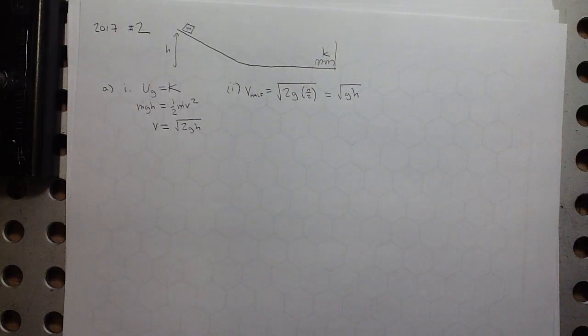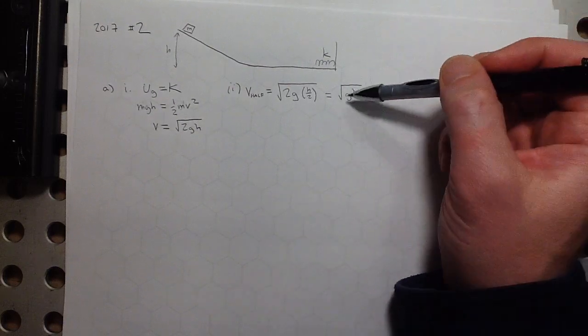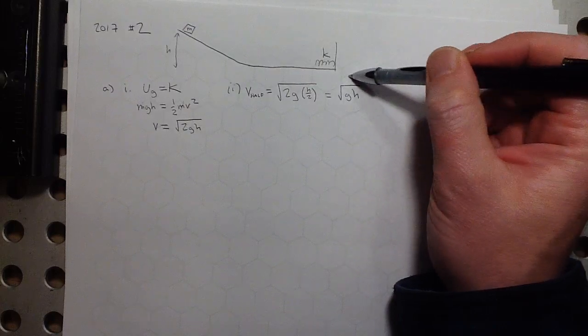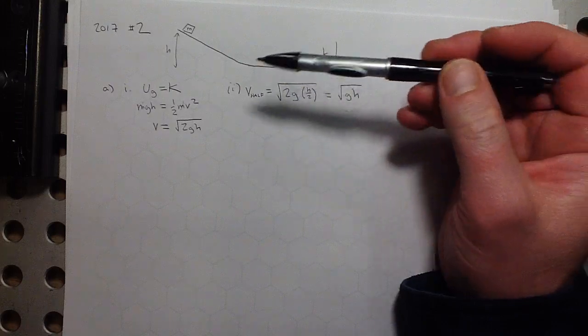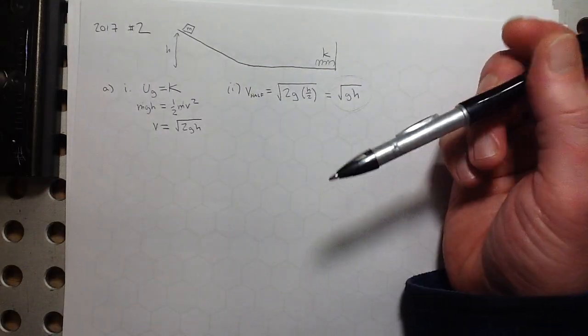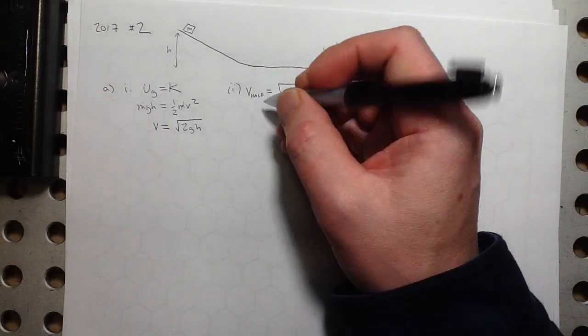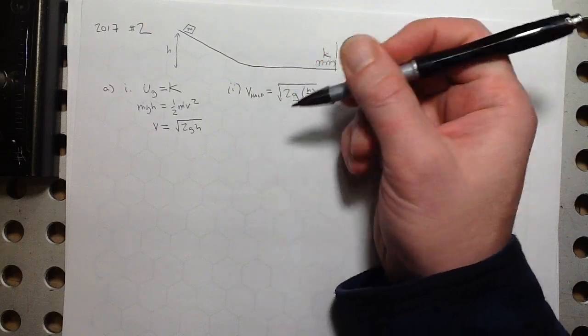So the question is, is the speed halfway down the incline greater than, less than, or equal to 1/2 the speed at the bottom? So is this greater than, less than, or equal to 1/2 of this? So let's just find 1/2 of that.